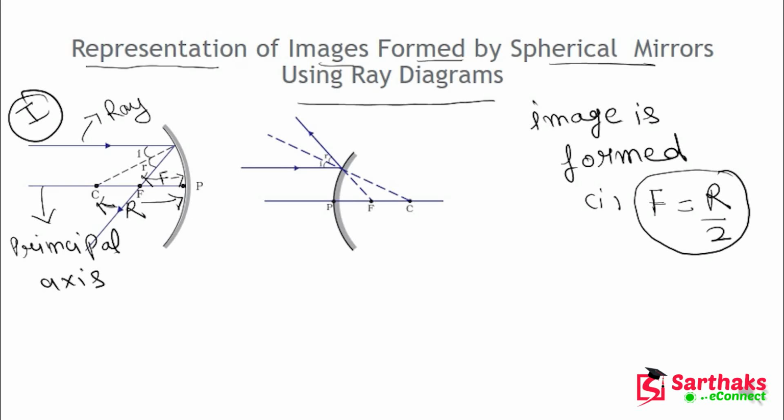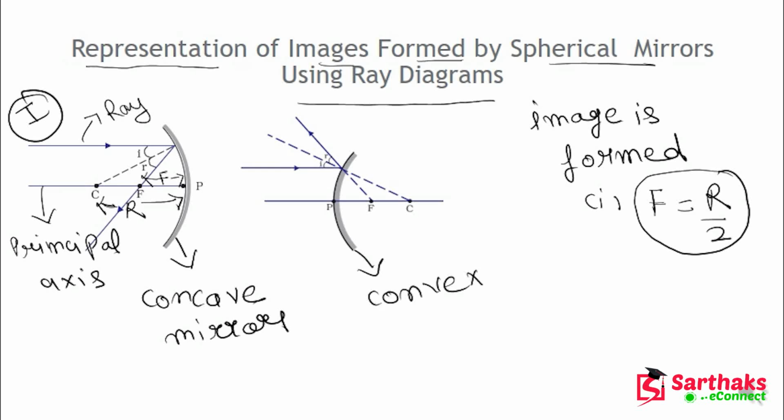Now this is the case of a concave mirror, and this is our convex mirror. You can ask, sir, what will happen in the case of a convex mirror? A ray is coming parallel to the principal axis, and after the reflection it goes back in this direction.